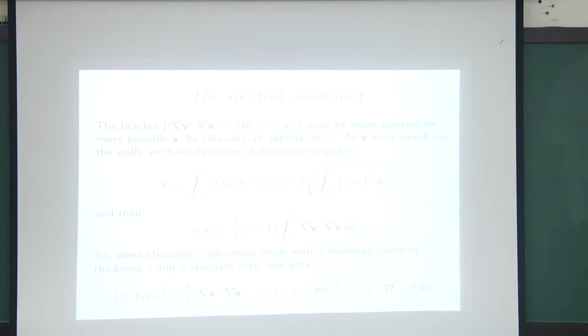And then you can show that Vx, Vz will be less than 1/2 of the distance to the wall times the integral of grad v squared, right? So we are close to achieve something interesting, because this distance here will be the distance delta, the thickness of the boundary layer that we have chosen.